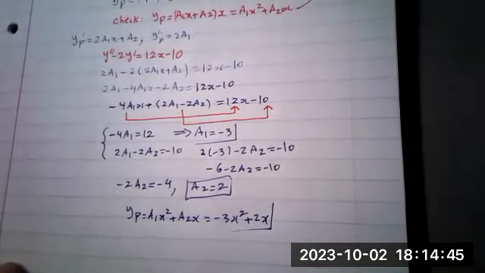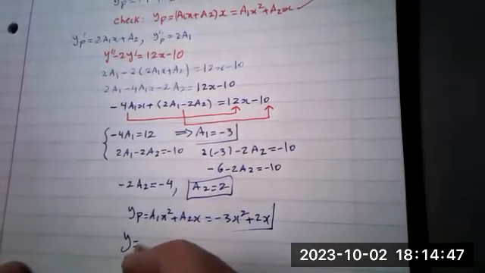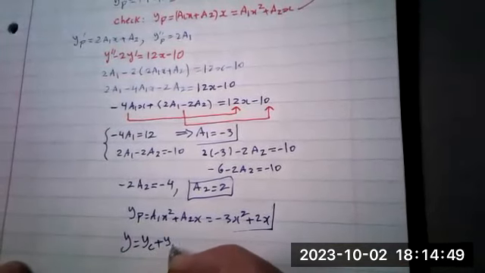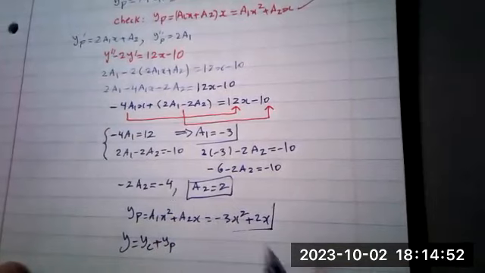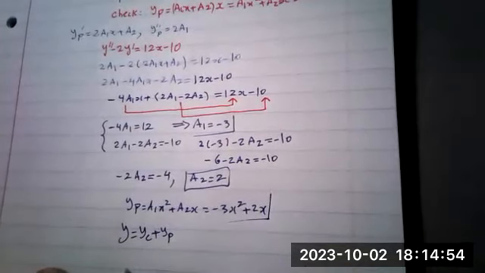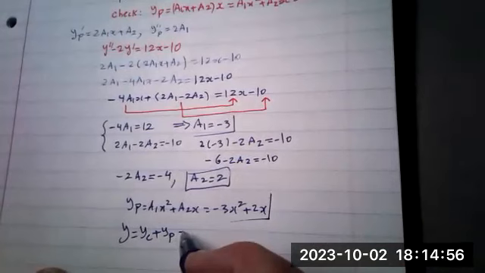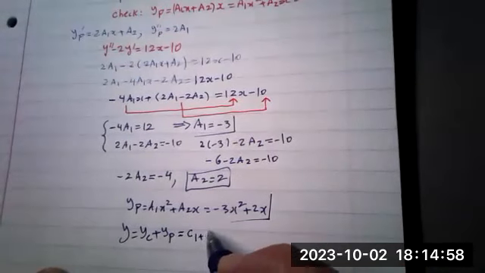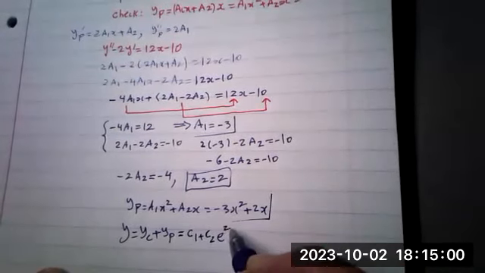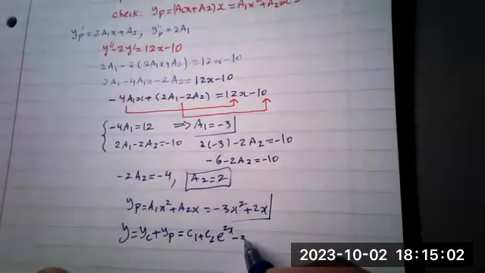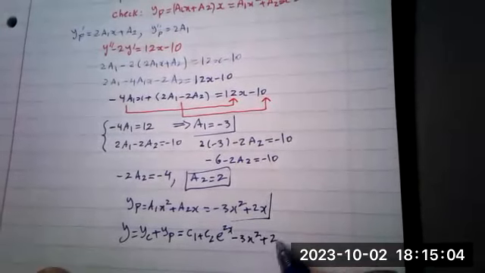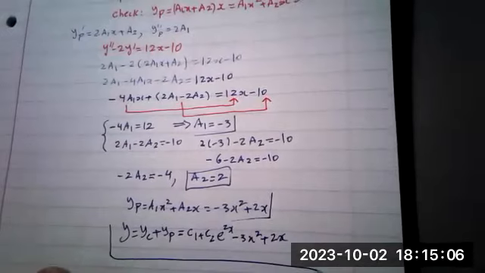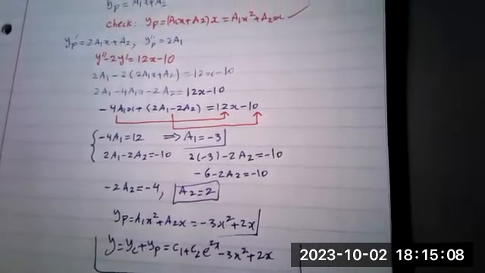The general solution of the equation is y equal to yc plus yp. If you want to substitute, your yc is c1 plus c2 e to the 2x, followed by the yp, negative 3x squared plus 2x. So this is going to be the general solution of the equation.